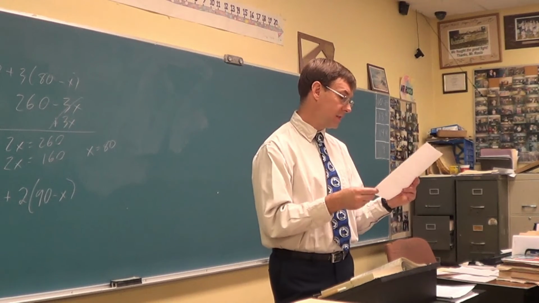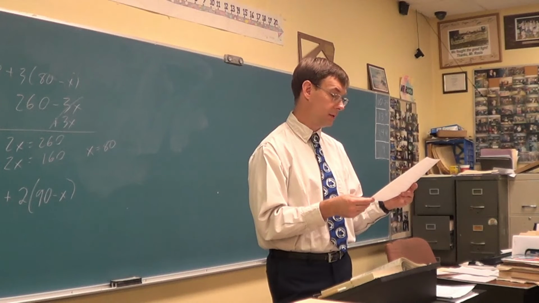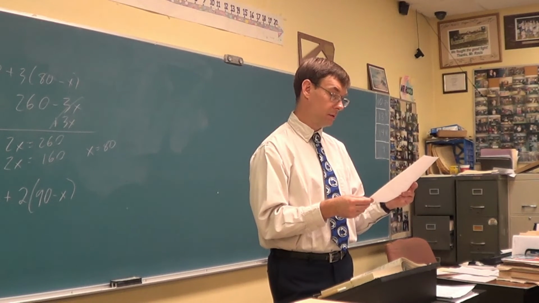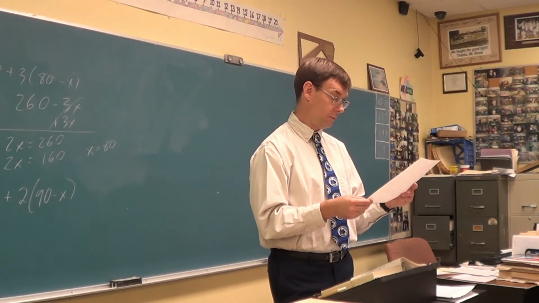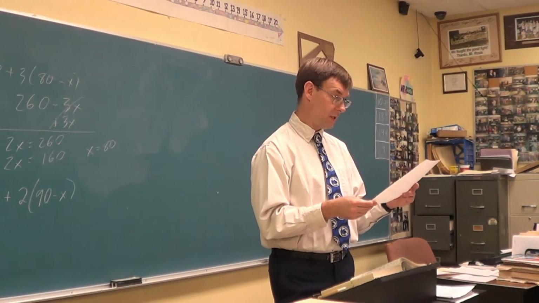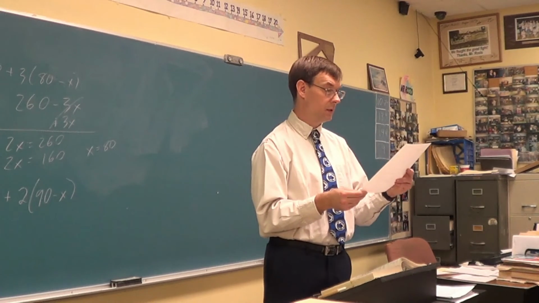Is there another one that's the definition of perpendicular rays? Because a lot of the definitions are on here twice. Anybody seeing? 23. 23 is another definition of perpendicular rays.